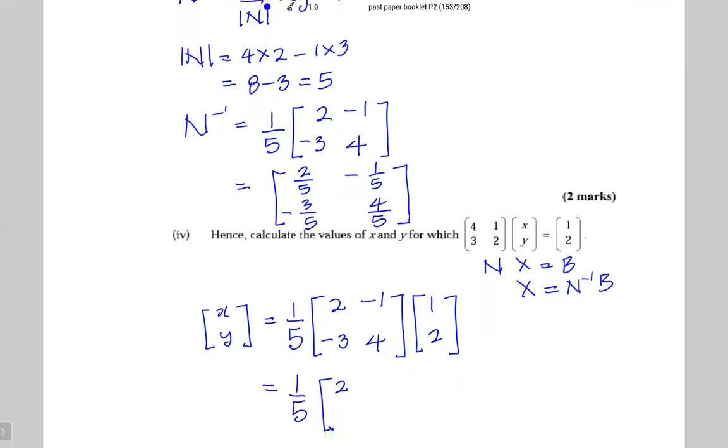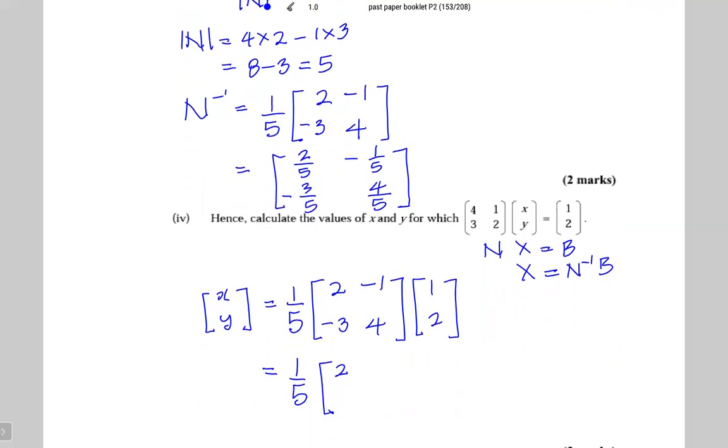So far, so good. 2 1s are 2, and minus 1 times 2 is minus 2. Minus 3 times 1 is minus 3. And 4 times 2 is 8.